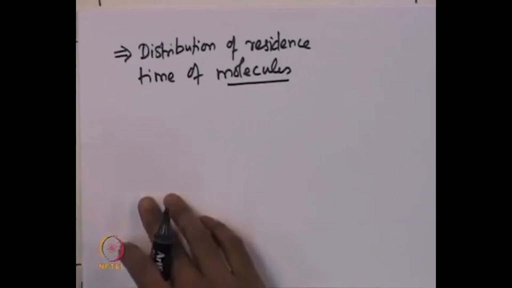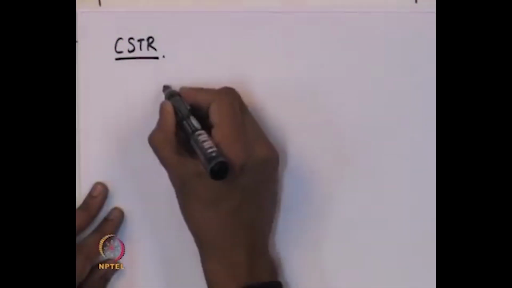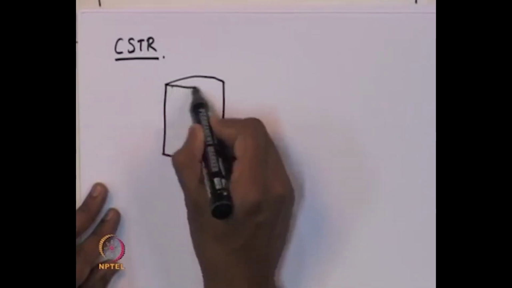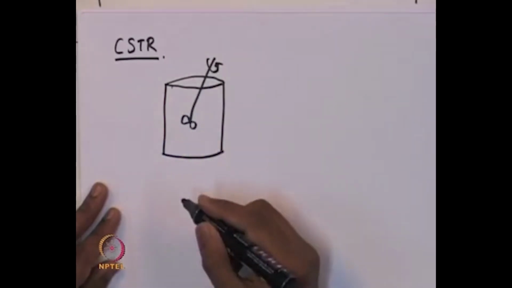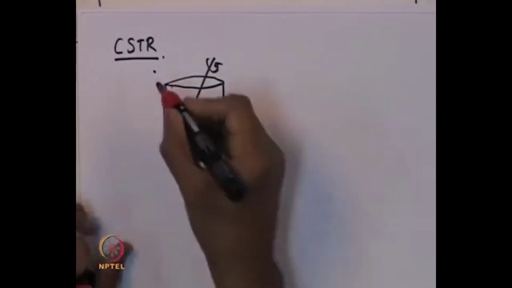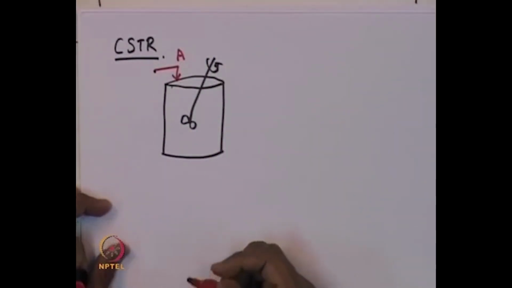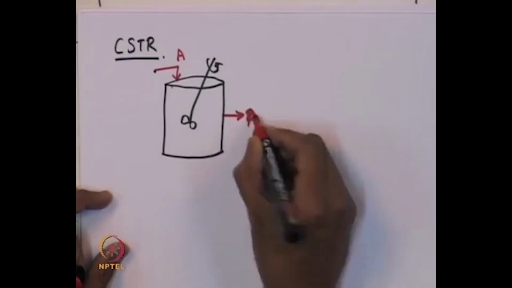So, let us take another example, a well mixed CSTR. A CSTR is a tank, and it has a mixer. Let us assume that it is rotating in this direction, and species A is entering the reactor via the feed stream, and the outlet of this reactor is at this location.